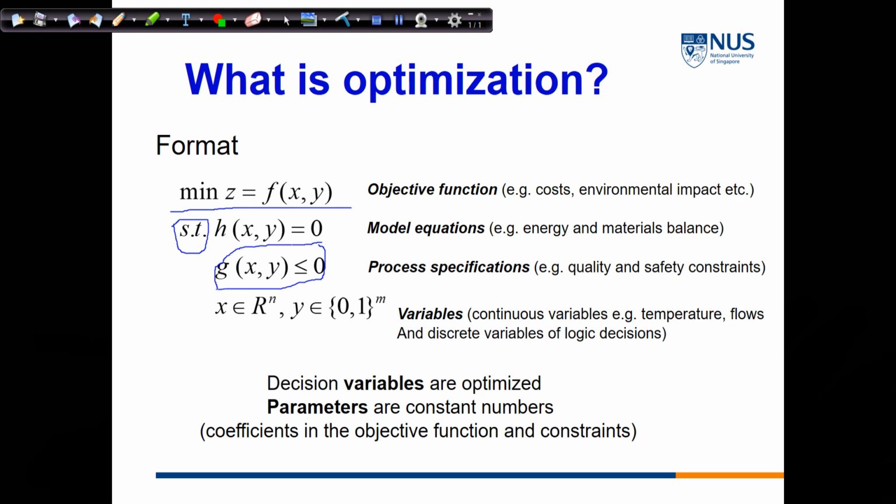So let me still use a very easy example. If you buy things from the market, each item will count. So this is a sum, where each unit item has a cost of, let's say, C.